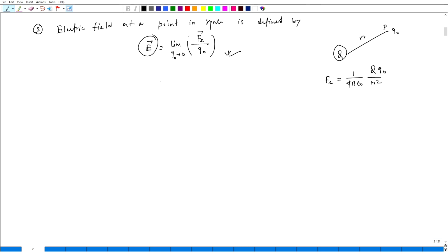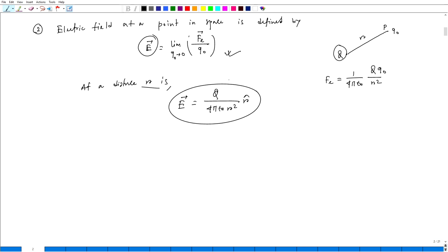So the electric field at a distance r is E vector equals capital Q over 4 pi epsilon naught r squared, and the direction is the same as before, r cap.